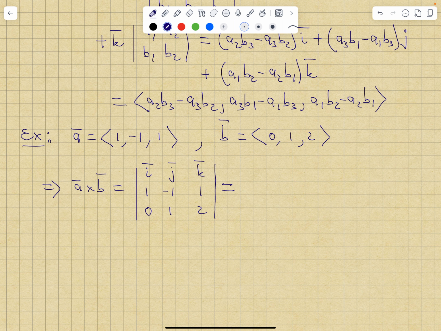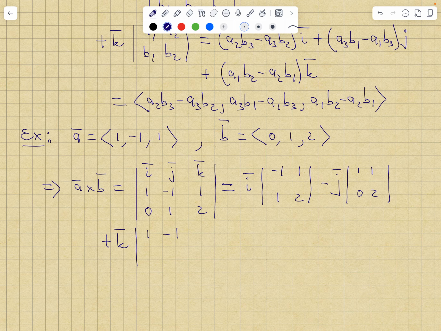Computing the determinant, that's i times the determinant of minus 1, 1, 1, 2, minus j times the determinant of 1, 1, 0, 2, and then plus k times the determinant of 1, minus 1, 0, 1.